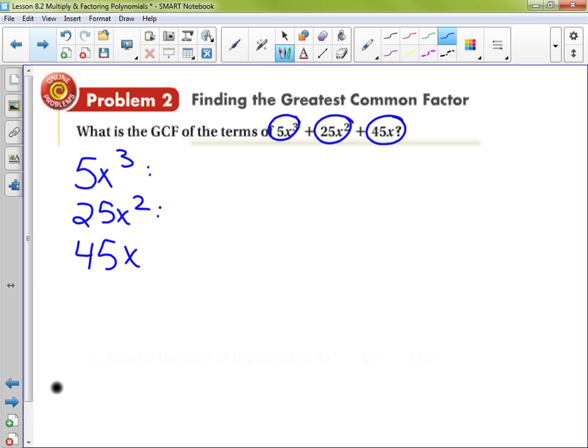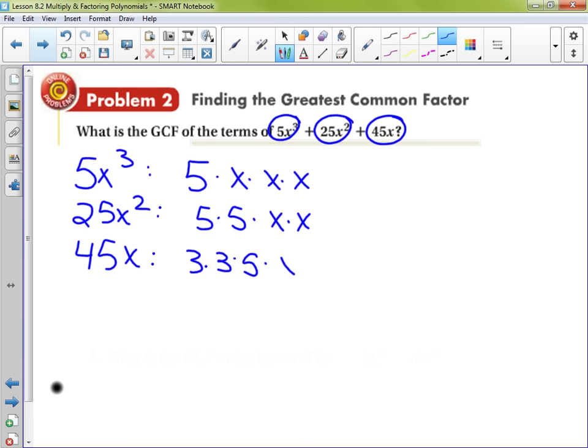And to find the greatest common factor, I write it out as a product of prime numbers. So 5x to the third I can write out like this: 5 times x times x times x. 25x squared is 5 times 5 times x times x. And 45x is 3 times 3, which is 9, times 5, which is 45, times x.